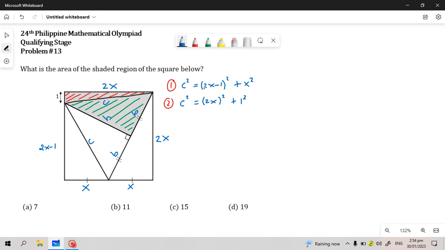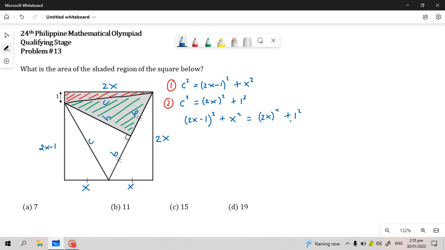Now, since the expressions on the right hand sides of the two equations are equal to c squared, we can actually equate the two expressions so that we will have 2x minus 1 squared plus x squared equals 2x squared plus 1 squared.